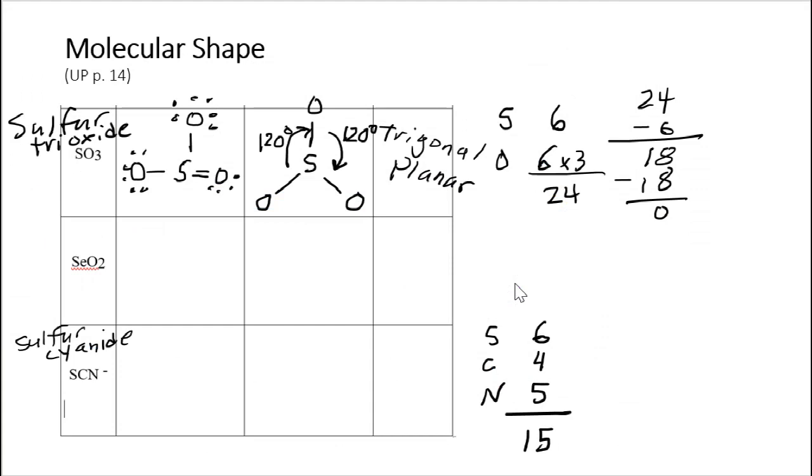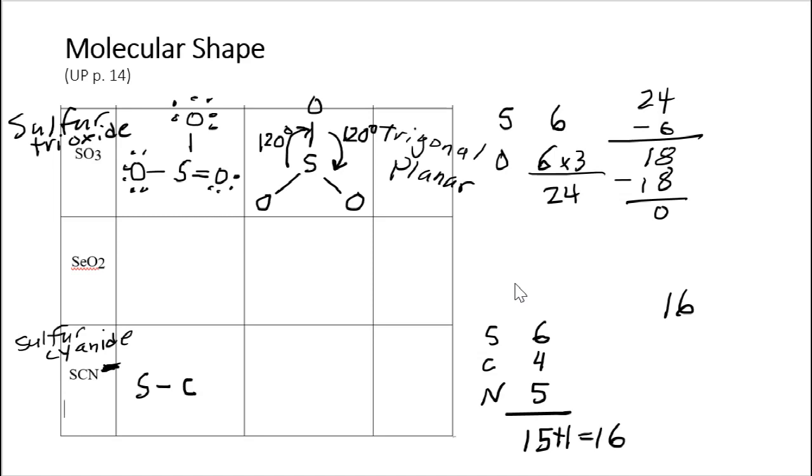Again, that's an odd number, but notice that this has a charge. There's a negative sign on this molecule. It's a polyatomic molecule that has a negative charge. Since it has a negative charge, we have to add 1 electron to it. 16 electrons. Okay, I'm going to put the carbon in the center on this one.